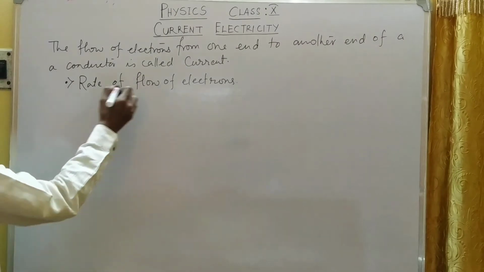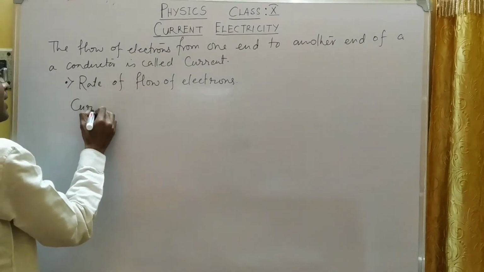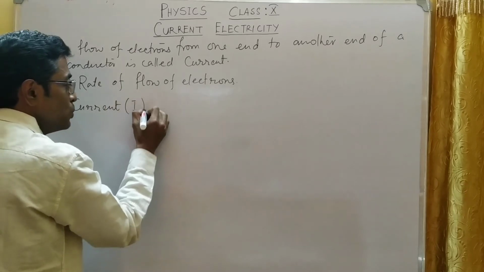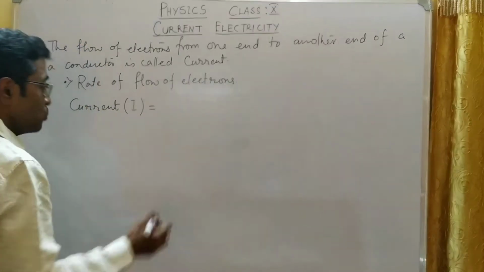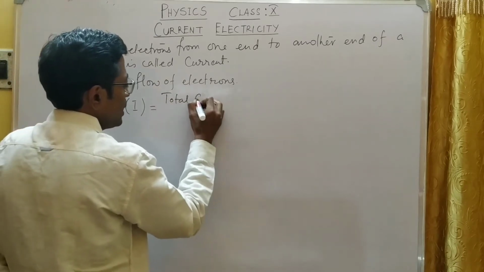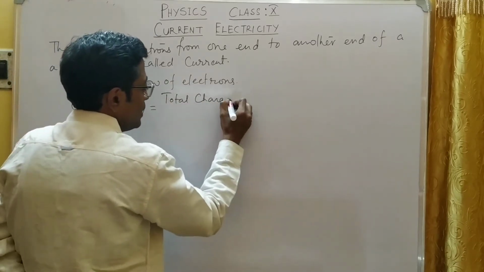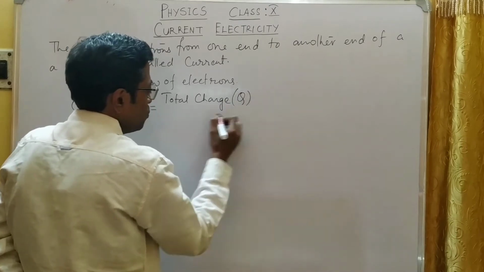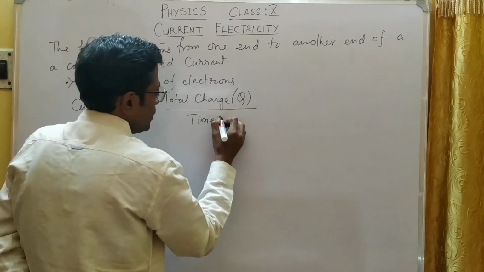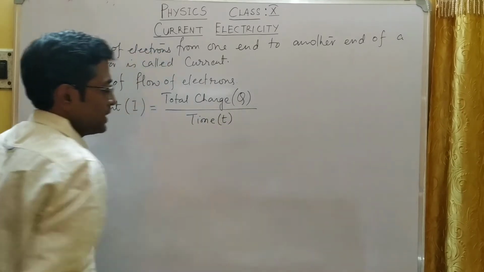Current is denoted by I, and we all know I is equal to the total charge, denoted by Q, divided by time. We denote time by T.